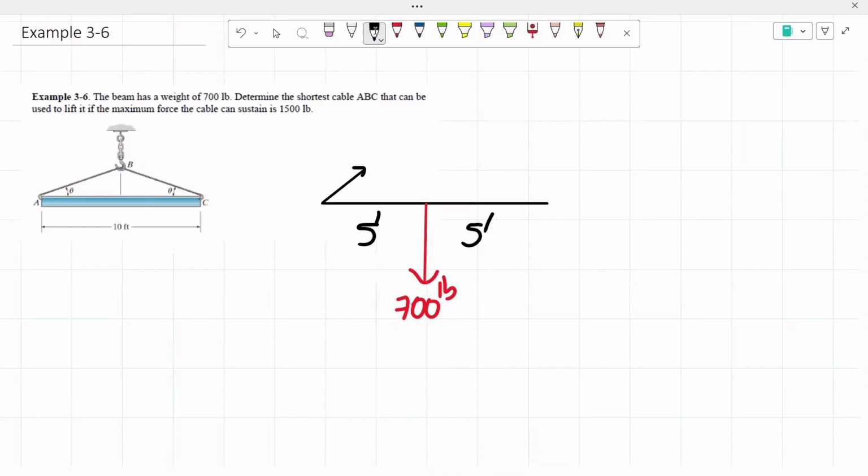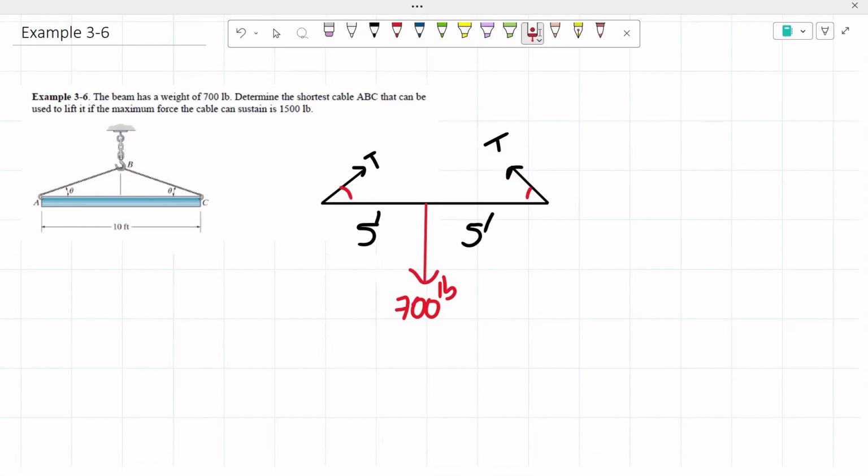We have a force right here and a force right here, and we know that those forces are going to be in tension. And we're going to try to find the angles right here. As you can see, these angles are also known as theta, given in the image that was provided.